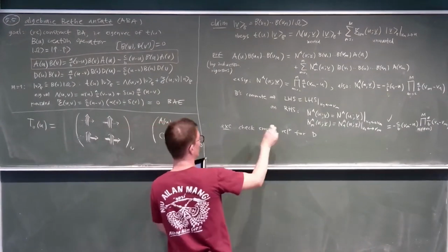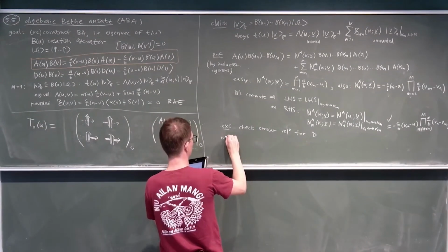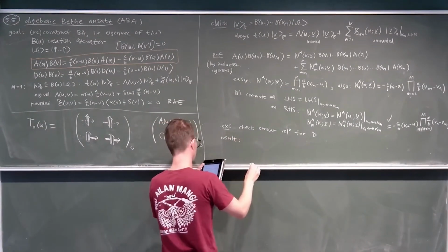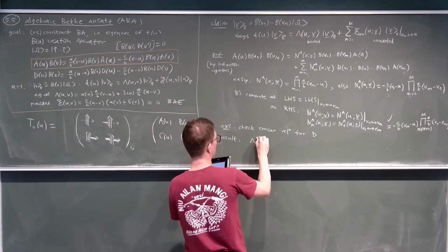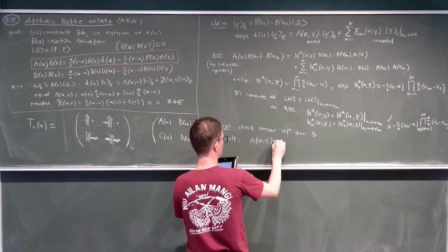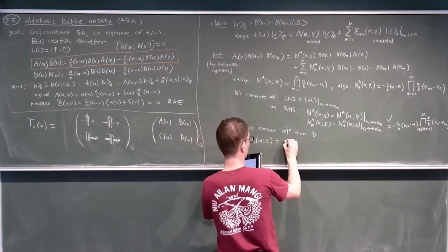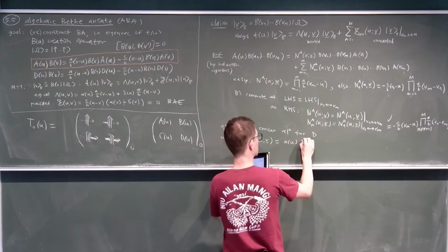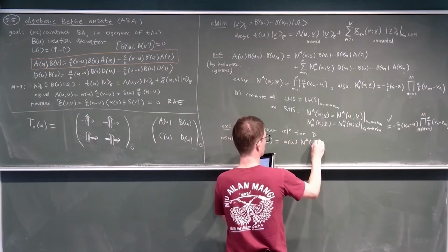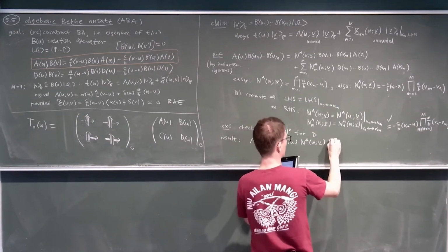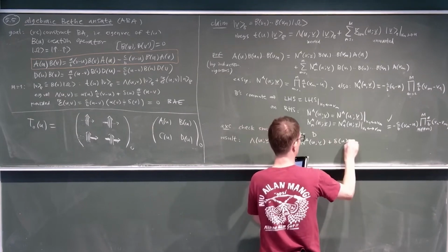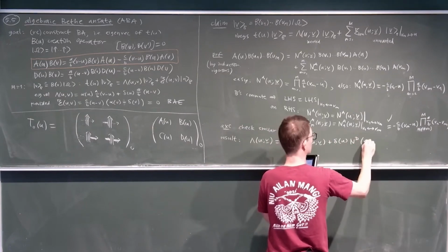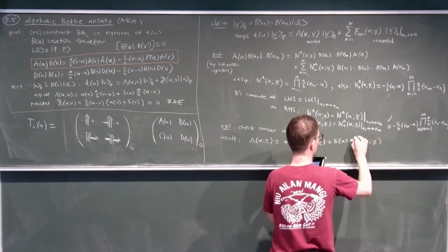So what we see, if we combine everything, is that our lambda of u and v is alpha of u times N(u, v) plus delta of u, and then our coefficient with the D operator, depending on u and v.